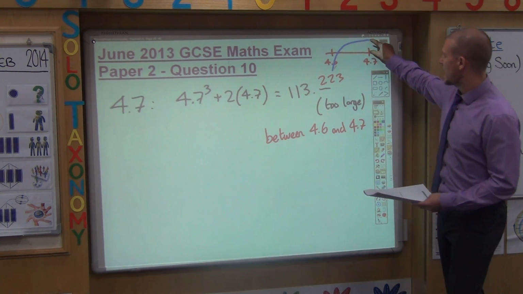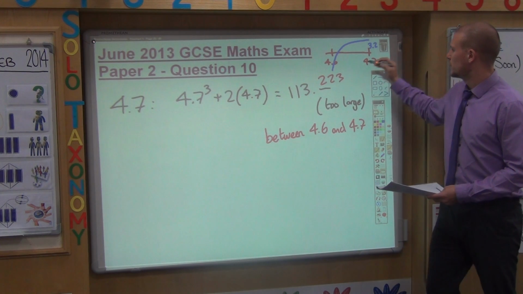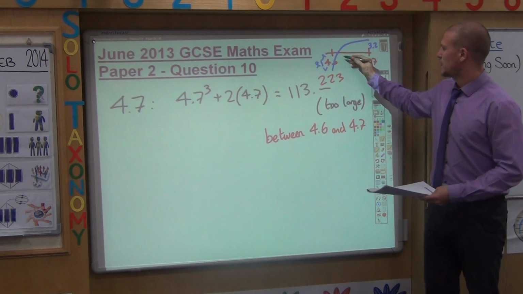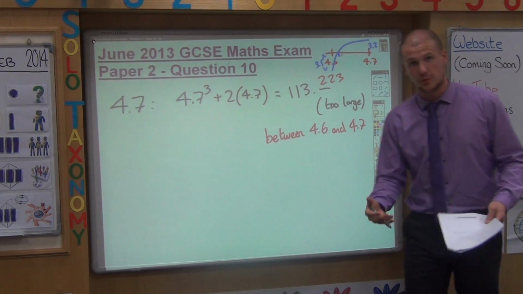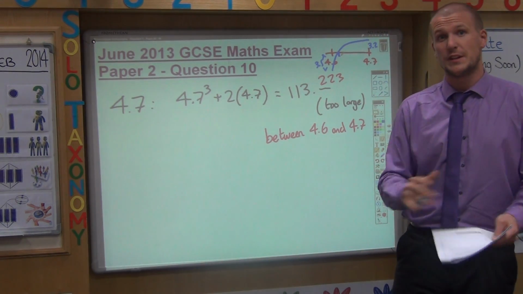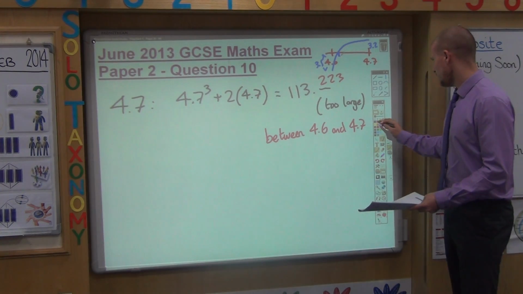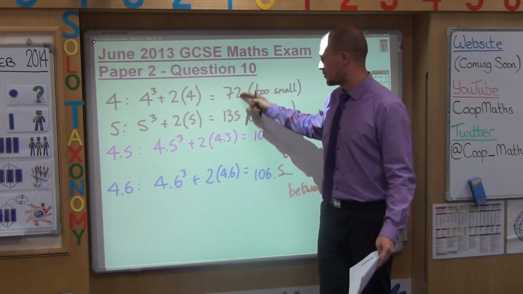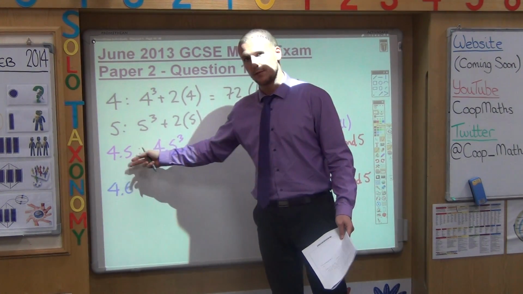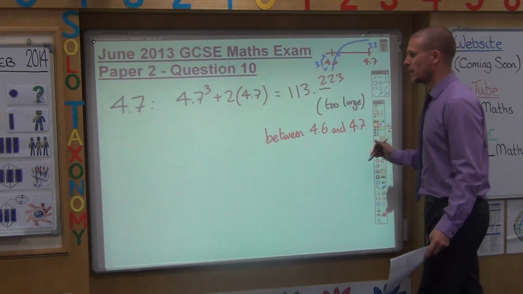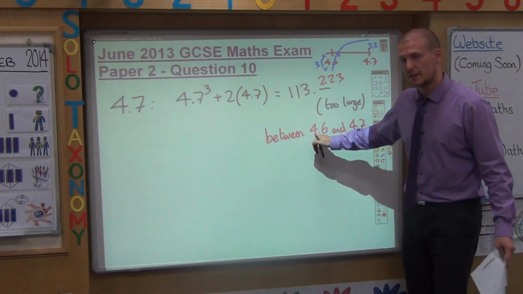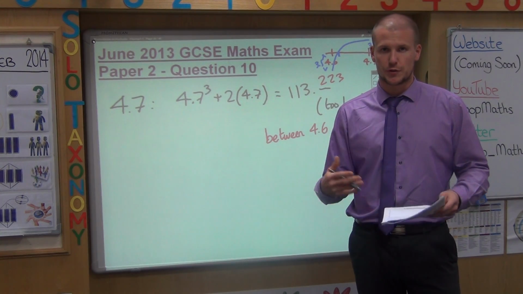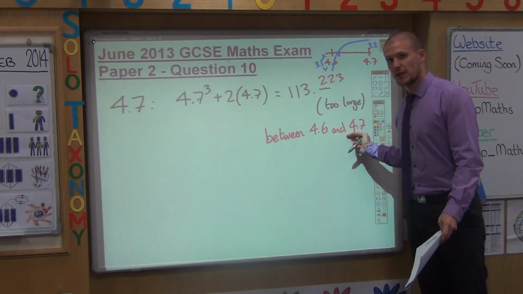So although this gap, in this case, was 3.2, and we'll say this gap is 3.5 high, as you can see by the picture, the actual answer is going to be closer to 4.6. So bottom line, you can't assume anything really. The same way that at the beginning, 4 and 5, I didn't take them seriously and went halfway in between for 4.5. It's exactly the same thing I do here. To find out whether or not it's 4.6 or 4.7, try halfway in between. And whether or not it's too big or too small will tell you which one of these is closer.